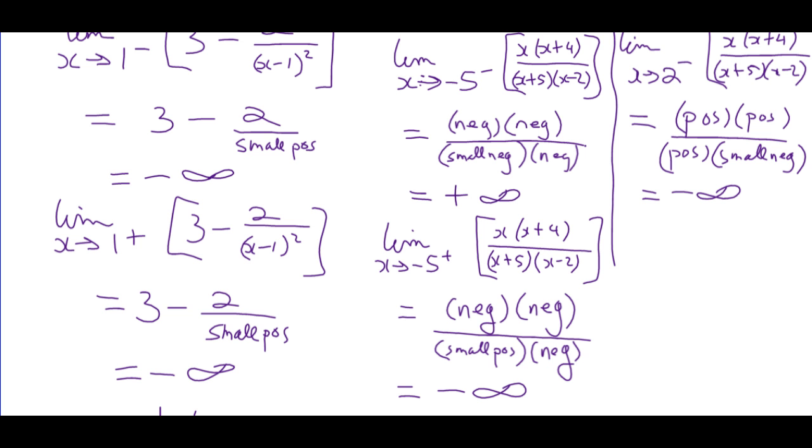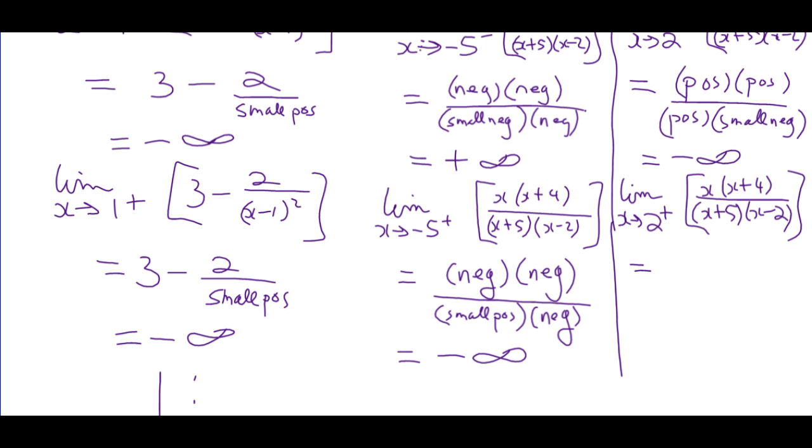Okay, and then the limit as x approaches 2 from above. Hey, look at this. We're going to do it. See, all you need to do calculus is a whole pile of paper, a pencil, and a really good eraser.